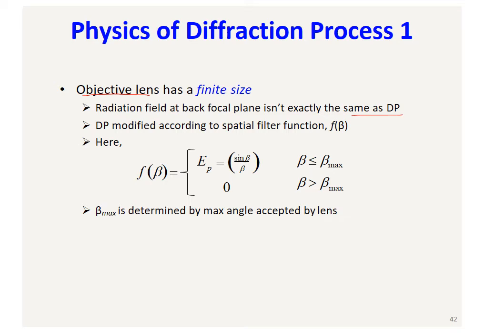Instead of seeing, in our example before, a sinc function for our amplitude, it's now going to be modified. It's going to be cut off at a value of beta max.